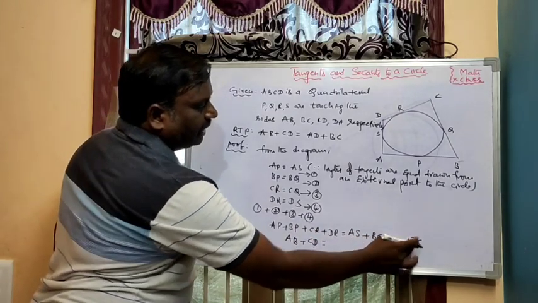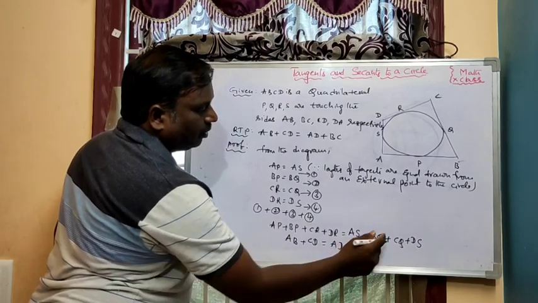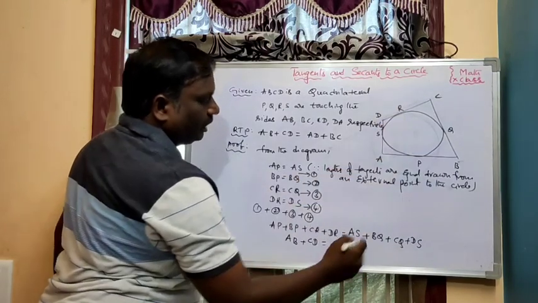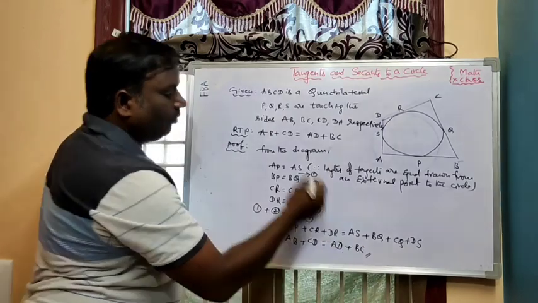AS plus DS is AD, plus BQ plus CQ, that is BC. That only we have to prove.